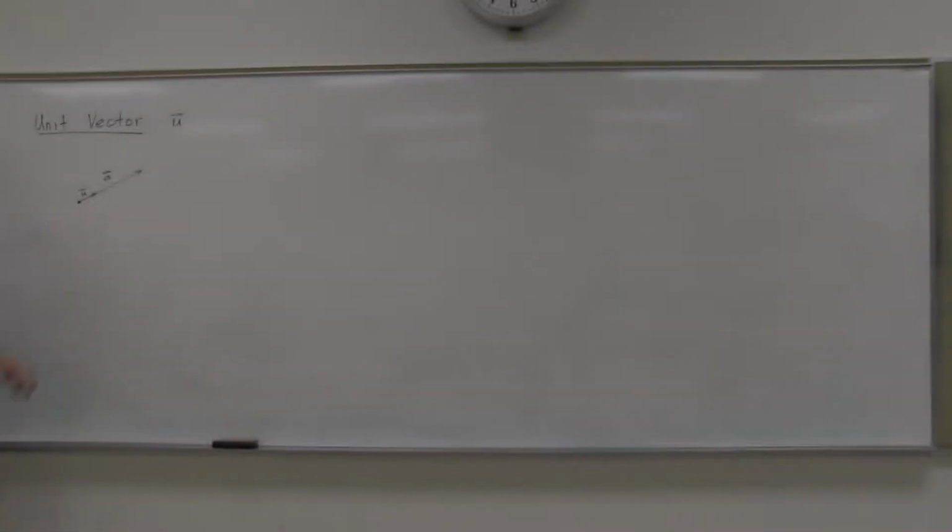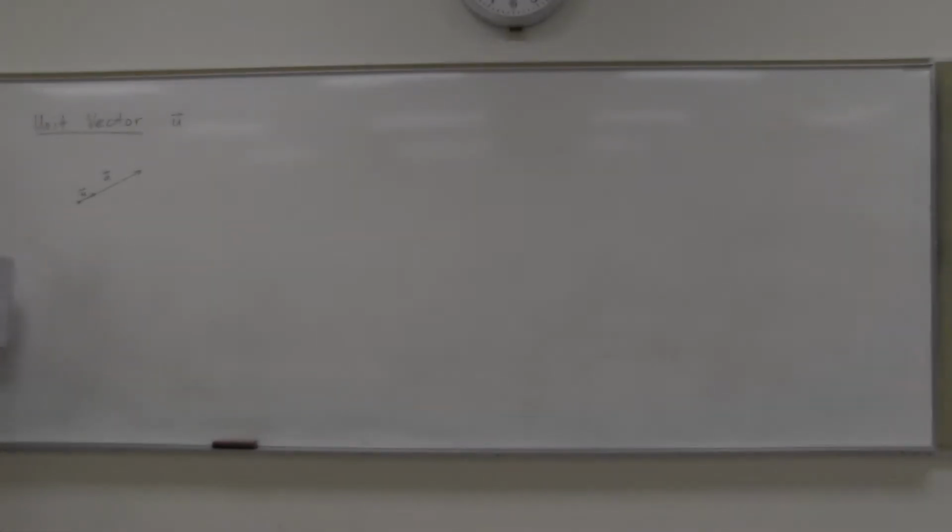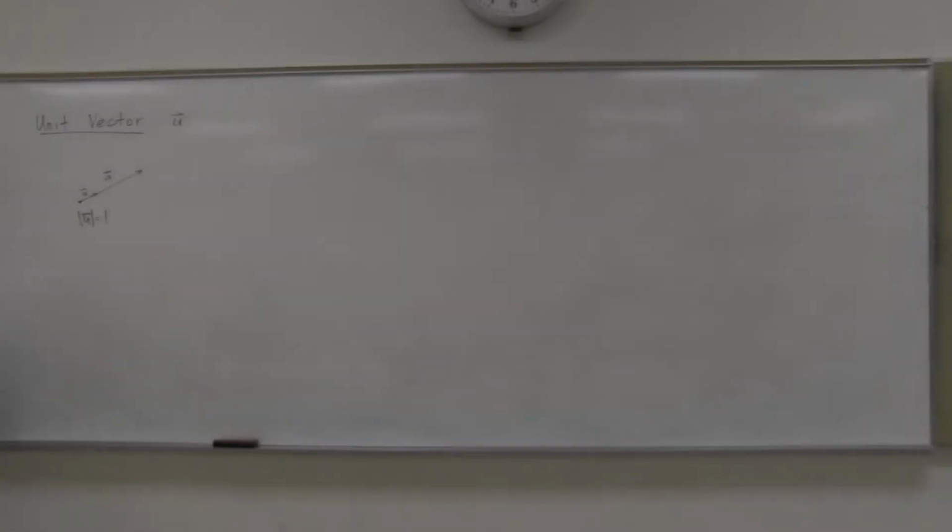If you have more than one vector, you might need to put a subscript or something to say which unit vector it is, but that's what we mean by unit vector. It's a vector in the same direction, just that its magnitude is 1.